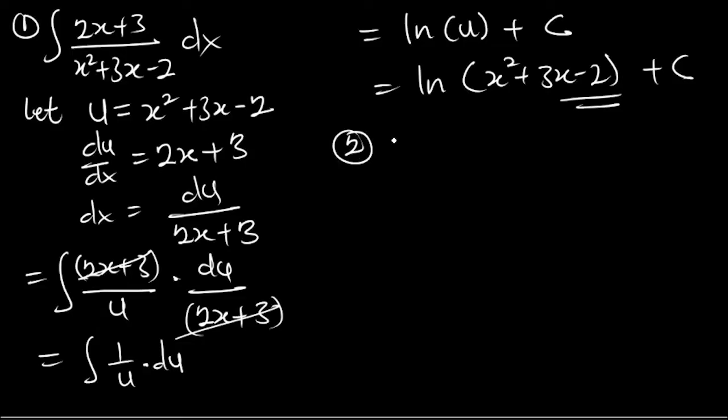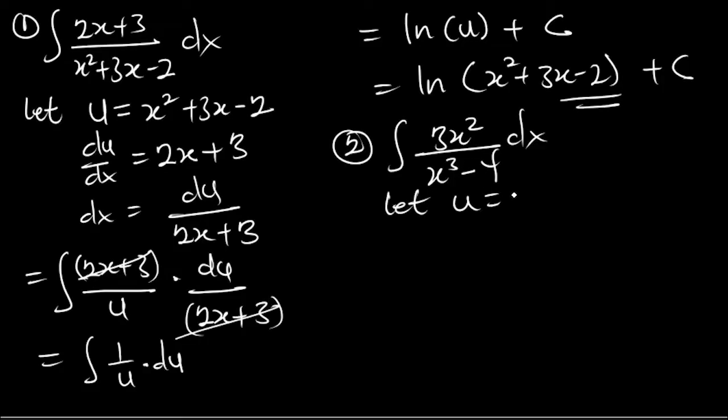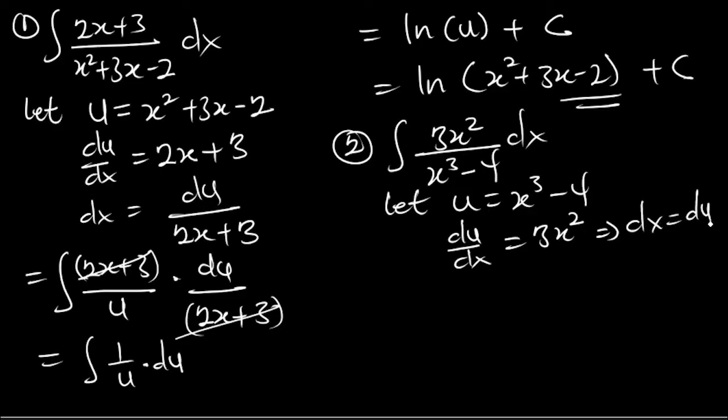So 2, the integral of 3x squared on x cubed minus 4. So first I will pay attention and ask myself, is the derivative of the denominator equal to the numerator? Yes. So I know what I should get and how to do my substitution. So I'll let u be equal to the denominator again, x cubed minus 4. My du dx is going to be 3x squared, which implies that my dx is du on 3x squared.